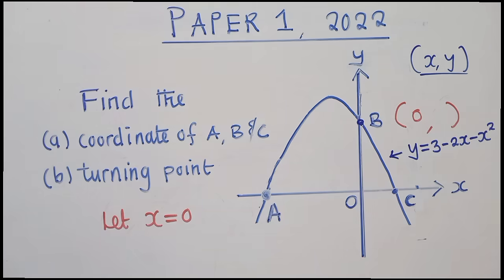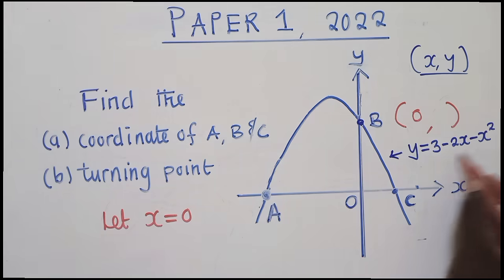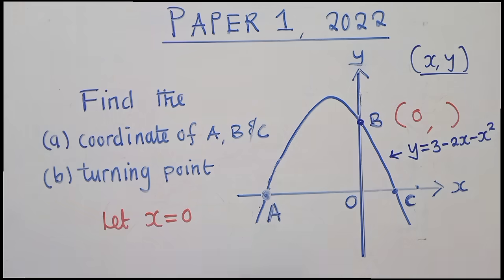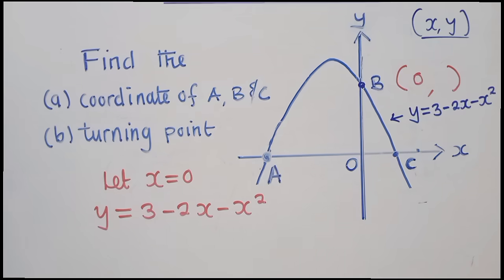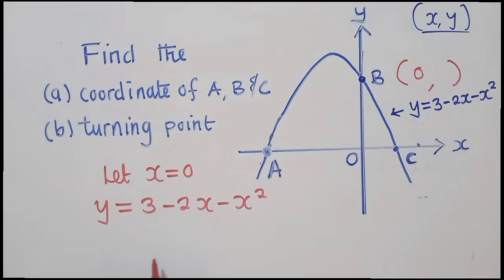So it means we shall get this graph, which is y is equal to 3 minus 2x minus x power 2. When we get this, we shall substitute this x, we put the 0 where x is.